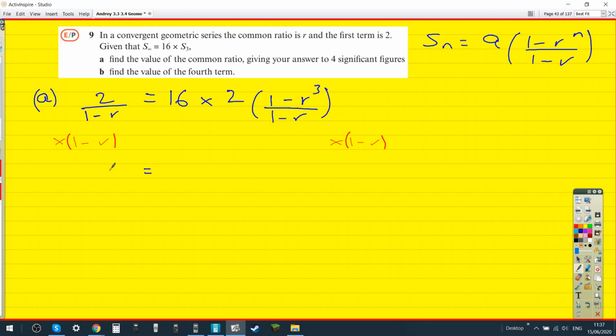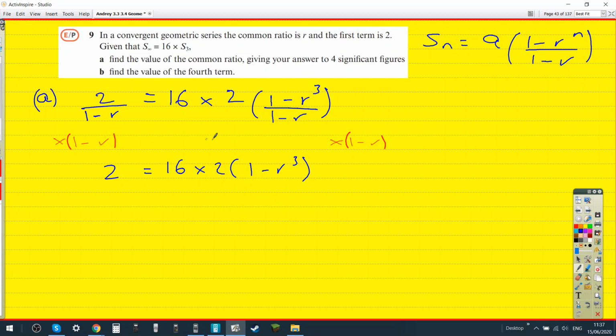Oh, 1 minus r. All right, yeah, sorry. And how about on the right side? You'd get 1 minus r. Would you just get 1 minus r cubed? 2 times 1 minus r cubed. Yeah, and don't forget your 16. Yeah. And that's probably solvable now.